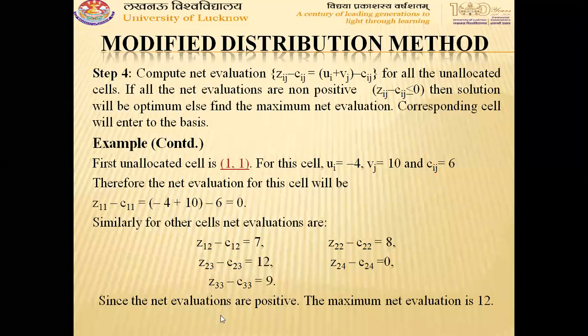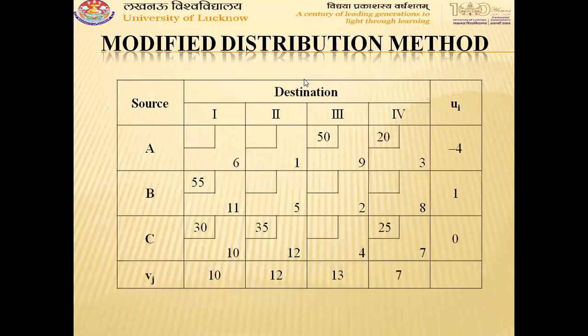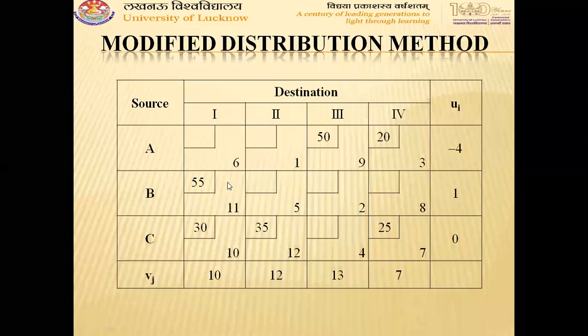For example, for allocated cell 1 comma 1, Ui is minus 4 and V1 is equal to 10, and Cij is equal to 6.